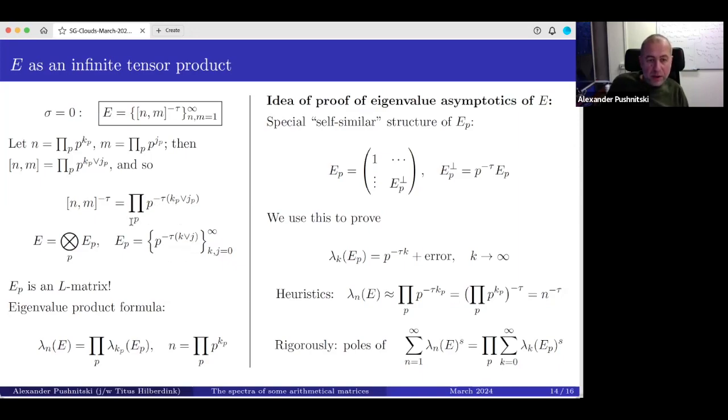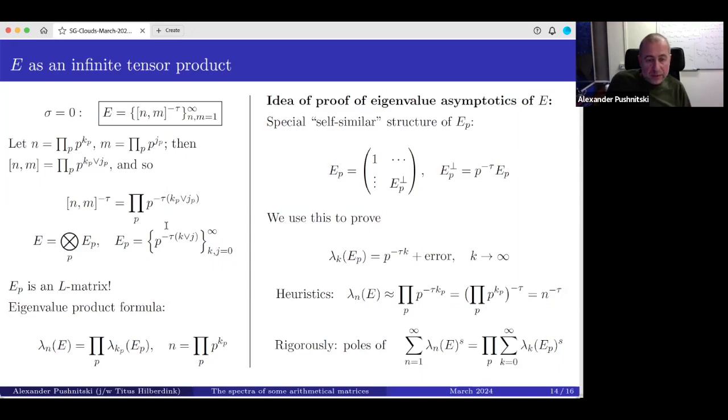So think of primes as labels. They label variables, right? So these Kp and Jp, they're multi-indices with infinitely many coordinates. And so I see that in terms of these coordinates of K and J, I have a product, which means I have a tensor product of matrices.